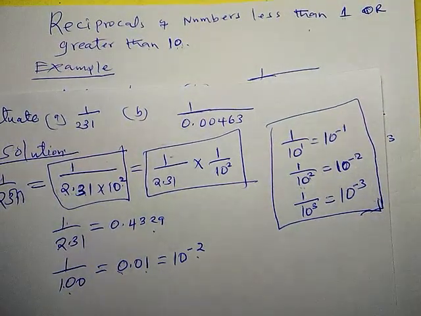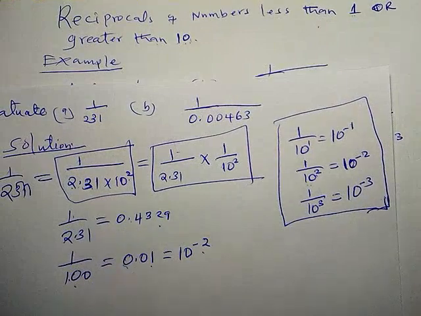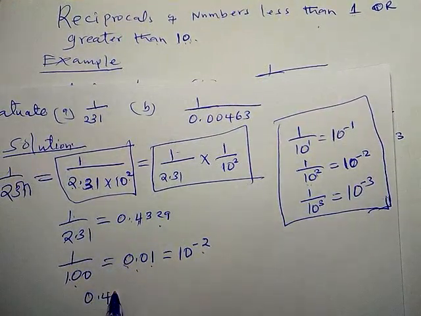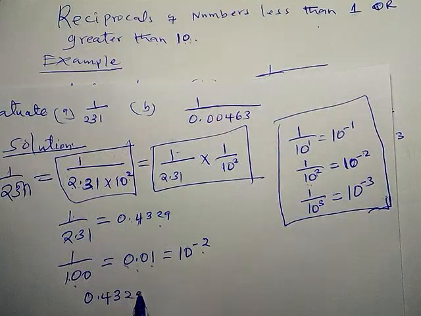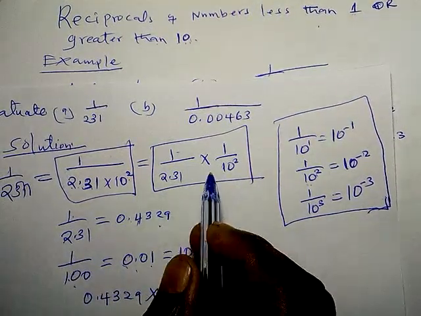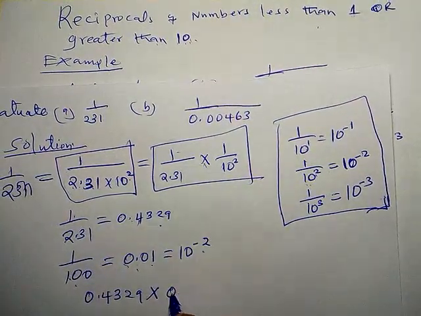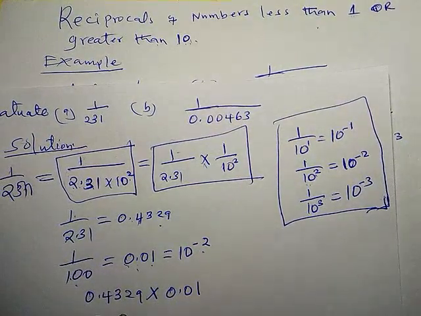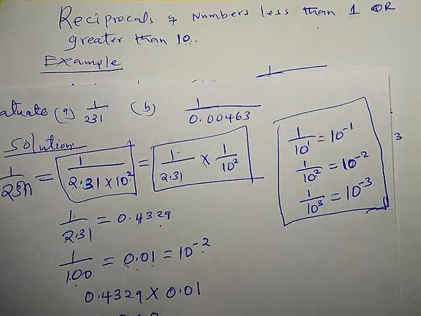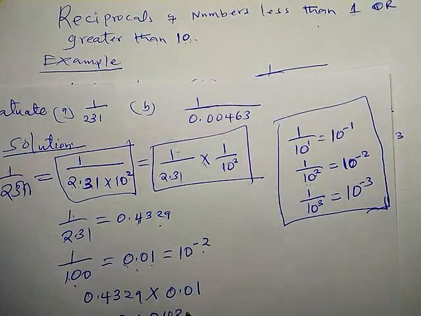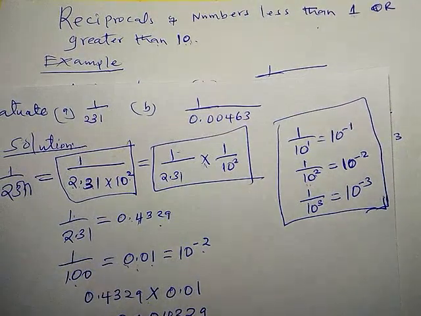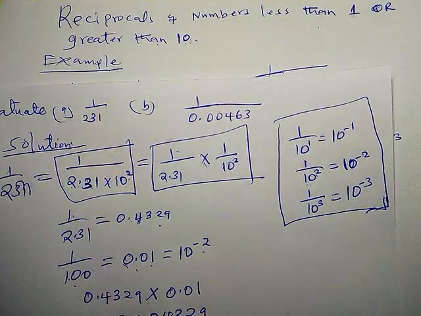So now we are going to multiply this number times this: 0.4329 times the reciprocal, because it was multiplication, 0.01. This is going to give us 0.00329, and that is the reciprocal of this number.